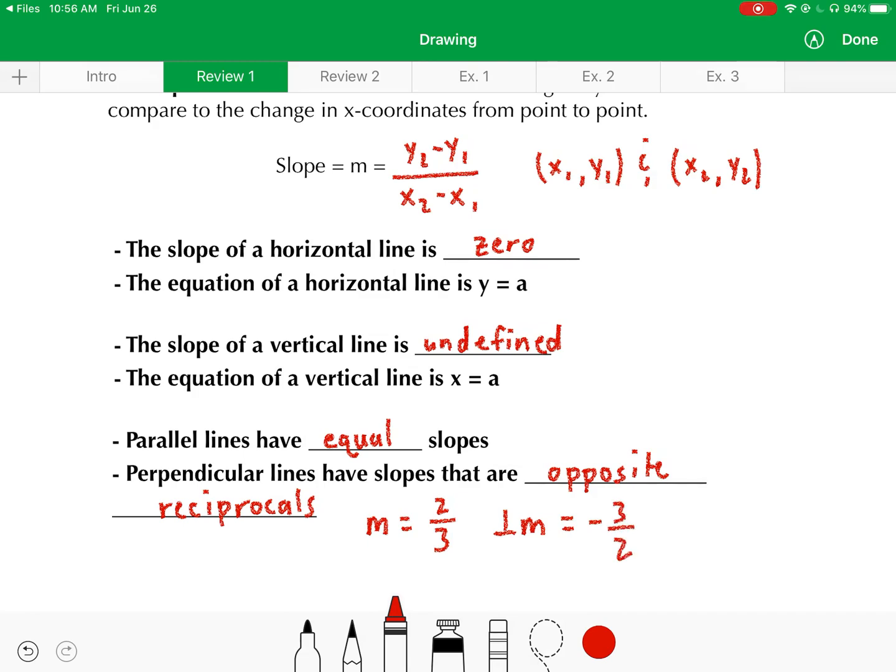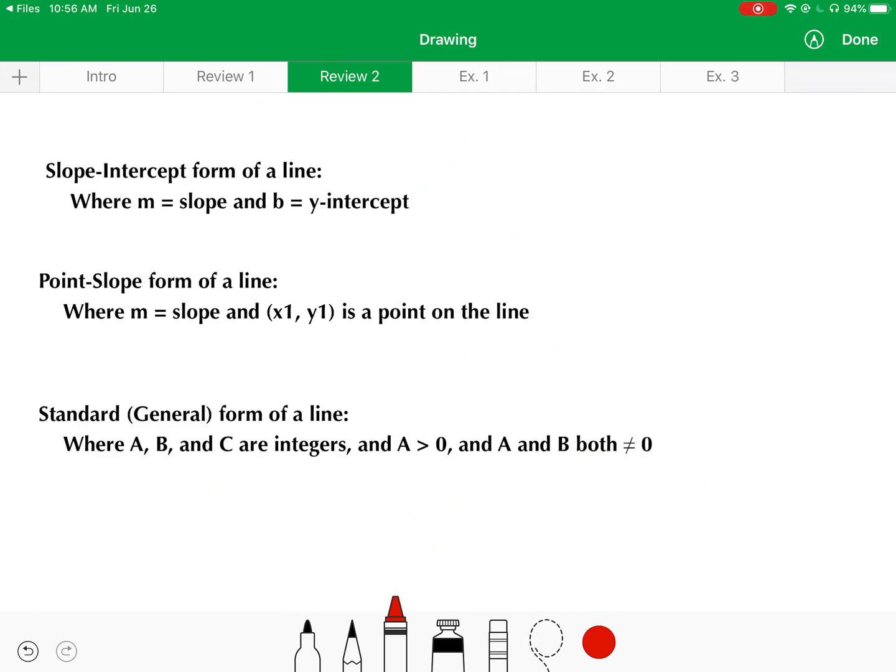Okay? All right, moving forward, there are 3 different forms of a linear equation. So let's review each of those. The first is slope-intercept form. It's going to follow the form y equals mx plus b, where m is the slope of the line and b is the y-intercept, right?